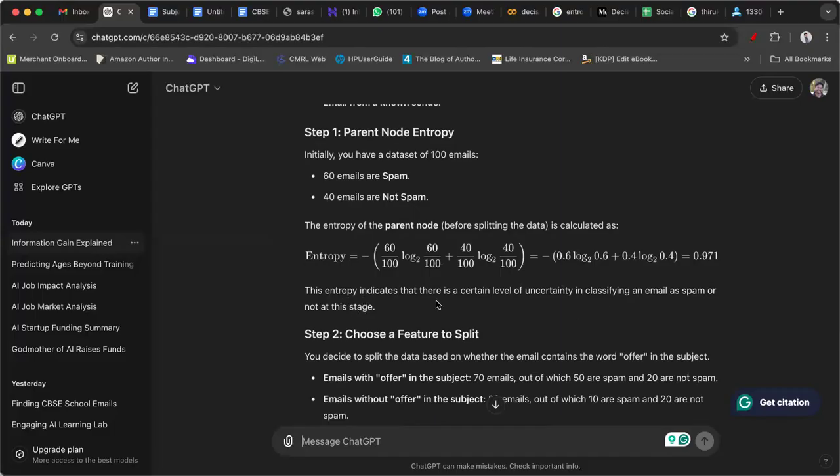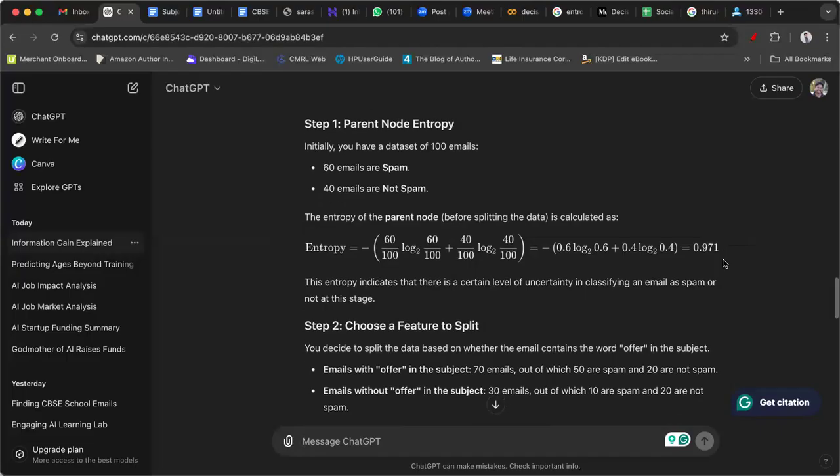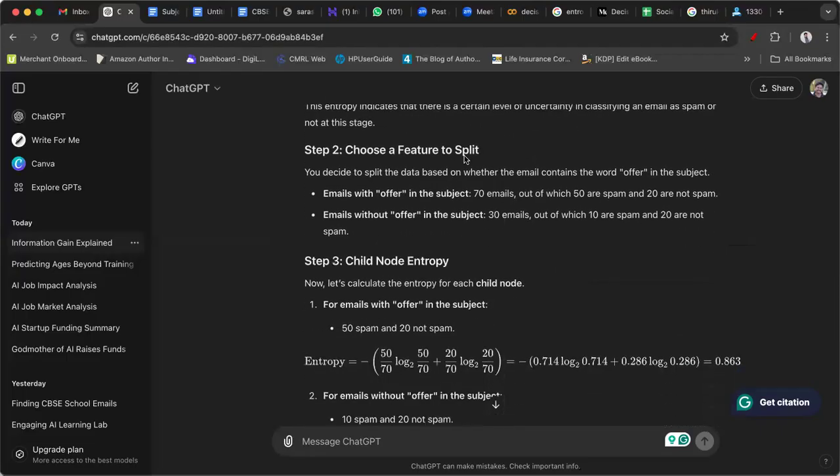This entropy indicates that there is a certain level of uncertainty in classifying an email as spam or not at this stage. It is very difficult, because 97.1% says that maybe all the emails are spam, or maybe all the emails are not spam. Second, choose the feature to split.